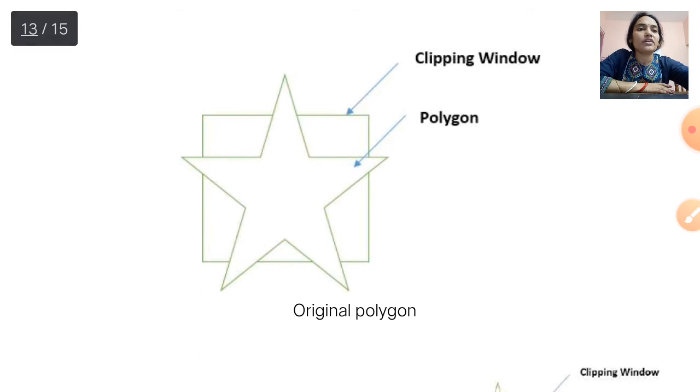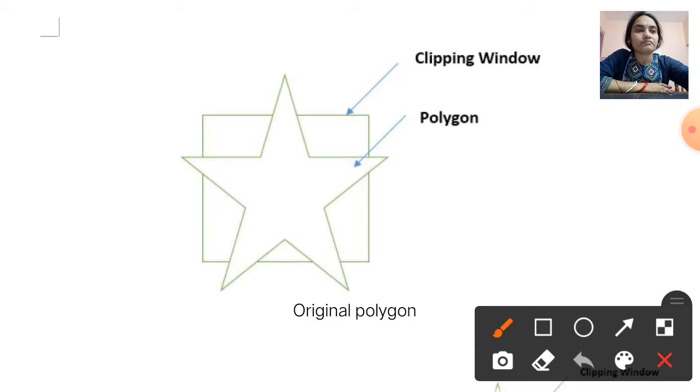This one is our original image or original polygon. This is your clipping window and this figure is your polygon.